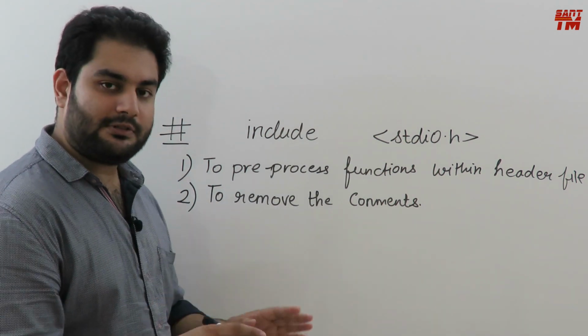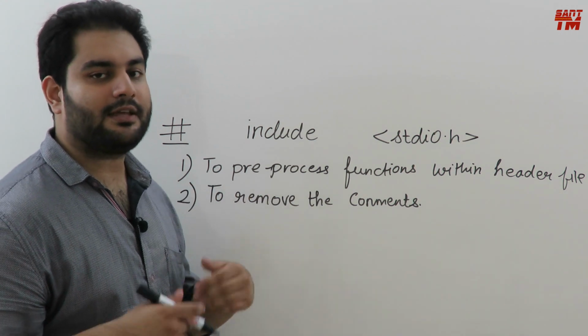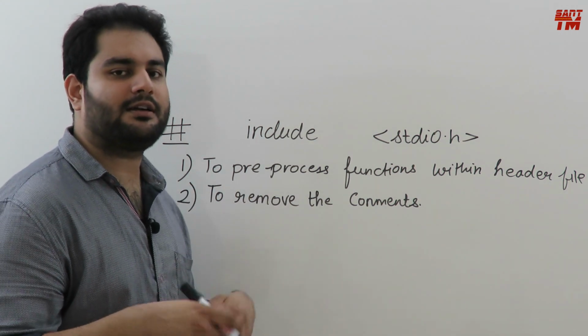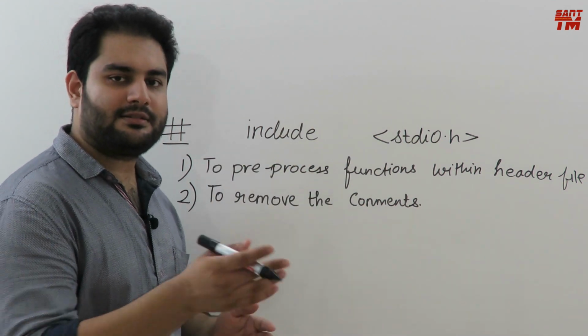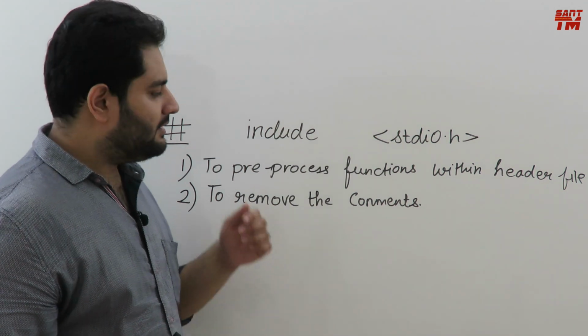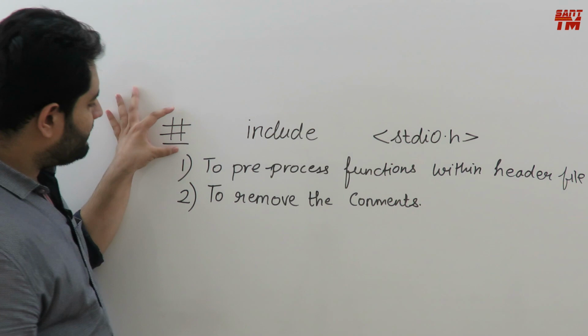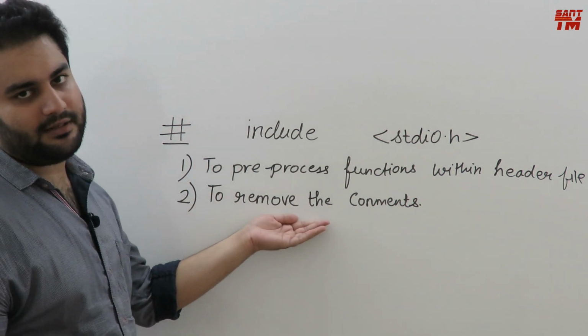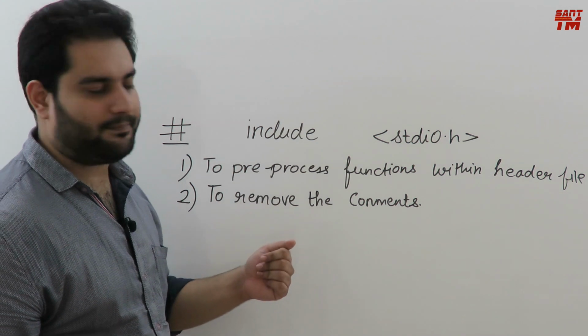So they are useful statements for us, but the computer does not want us to explain in our own language what we are trying to do. That's why we are writing the C program, so that the computer understands that language. The computer cannot understand our language, so they are useless for the computer and useful for us. So this preprocessor will remove those comments before giving it to the compiler that will run our program.